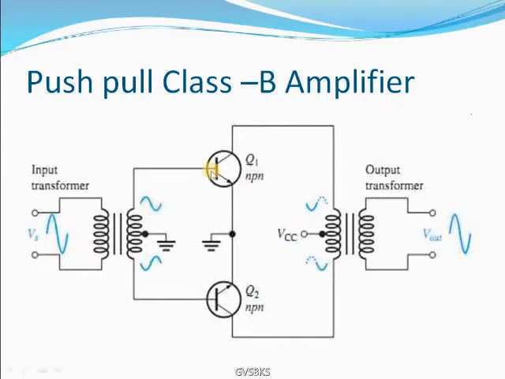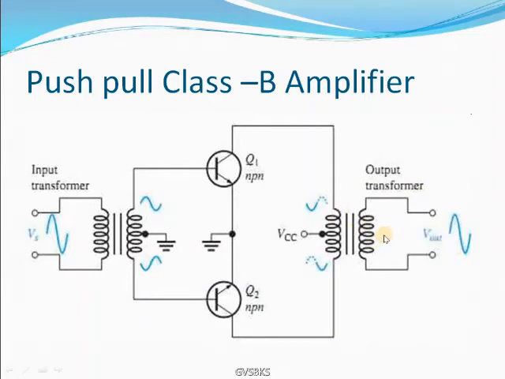The bases of the two transistors are given to the center tapped output of the transformer. Collectors of the transistors are given to the primary of the output transformer and the emitters of the two transistors are given to the ground terminal. The output transformer secondary is given to the load side.